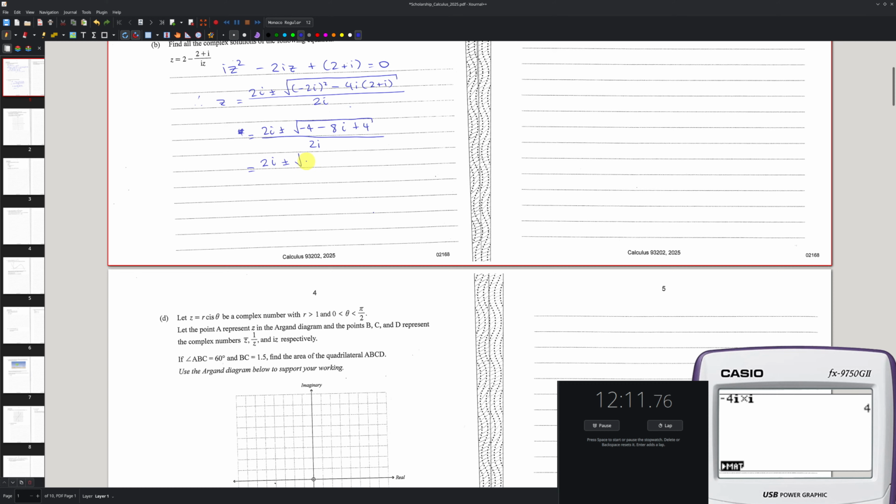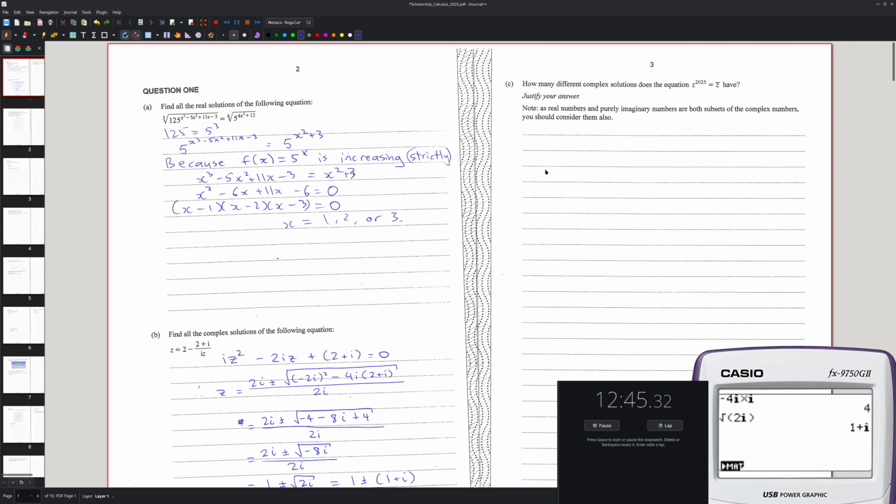Plus or minus the square root of negative 8i over 2i. Oh, real. And then obviously this is 1. So then it's plus or minus the square root of 2i. Why 2i? Because the square root of 2i is just 1 plus i. Yeah. So this is 1 plus or minus 1 plus i, which is equal to plus or minus i.